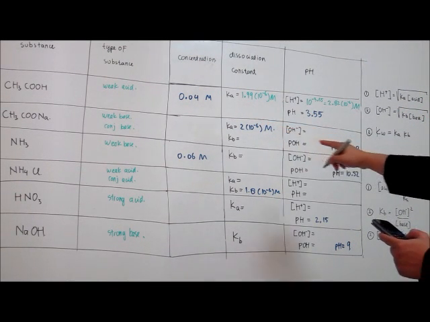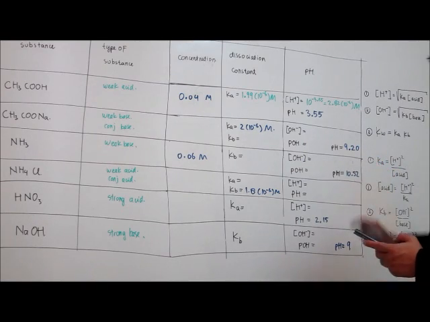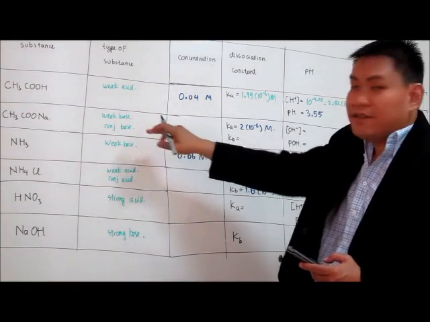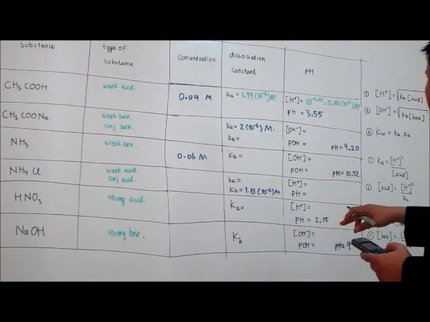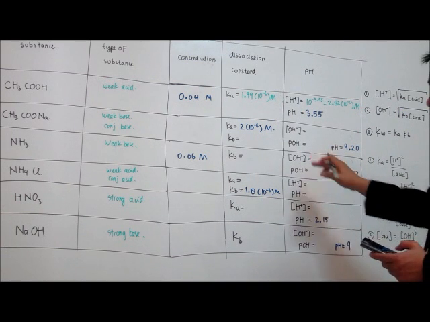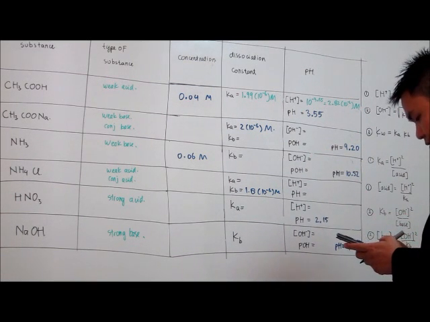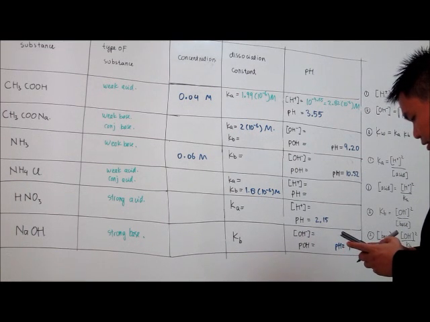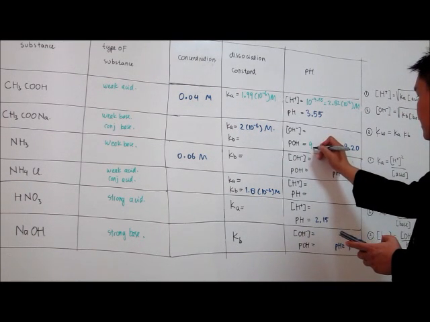Question number 2, pH is also given. Question number 2 involves a weak base. So we use formula number 2. So pH we must convert to pOH. Very simple. 14 minus 9.2 is 4.80.